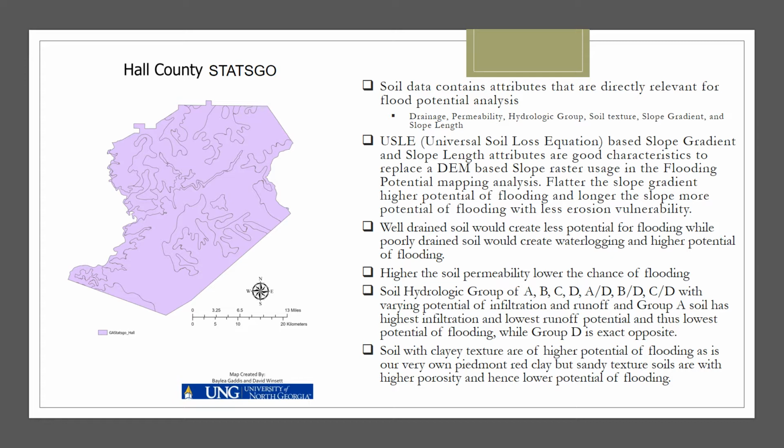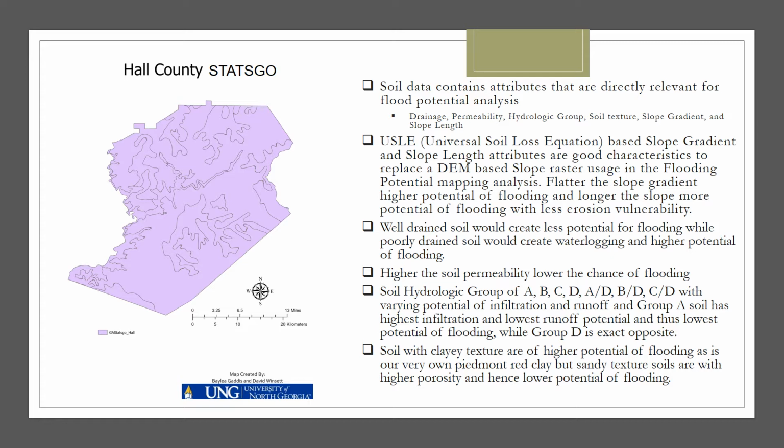Now this is about STATSGO data. The soil data is considered the most important in flood potential modeling. We used drainage, permeability, hydrologic group, soil texture, slope gradient, and slope length. These are the characteristics used in our study. It is to be noted that we did not use the DEM, digital elevation model, as an independent data set, which is otherwise very important for flood modeling. Why?